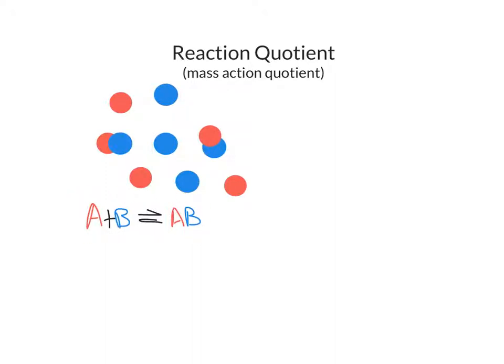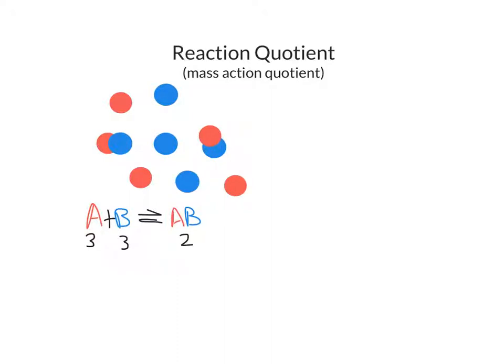And at that point, the reactions continue to occur in both directions, but every time we make an AB, we have an AB fall apart to form reactants again. Notice that in this case, we have ended up with 3 B molecules, 3 A molecules, and 2 AB molecules.